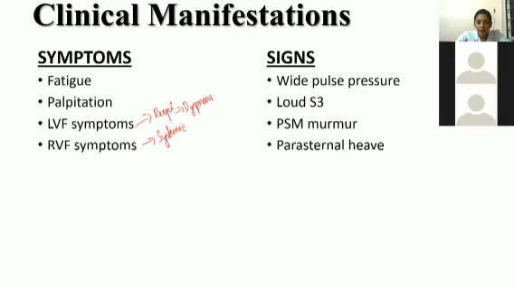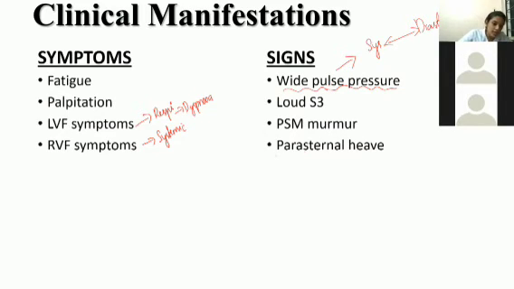Signs: wide pulse pressure. What is pulse pressure? Pulse pressure is the difference between systolic and diastolic BP. So in mitral regurgitation, there will be a wide pulse pressure.